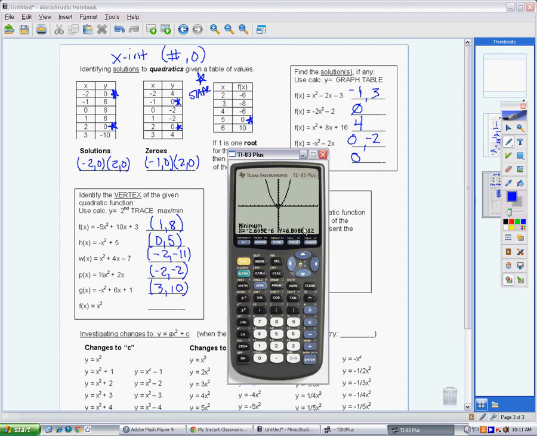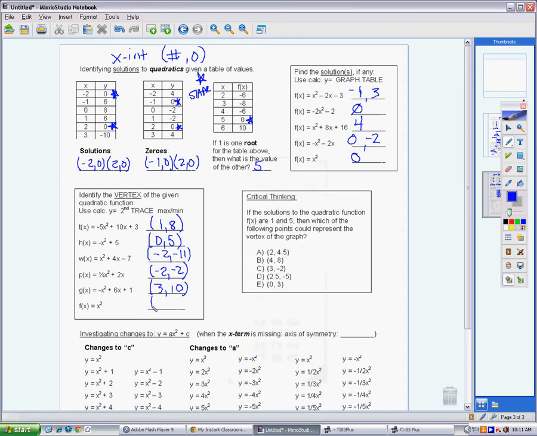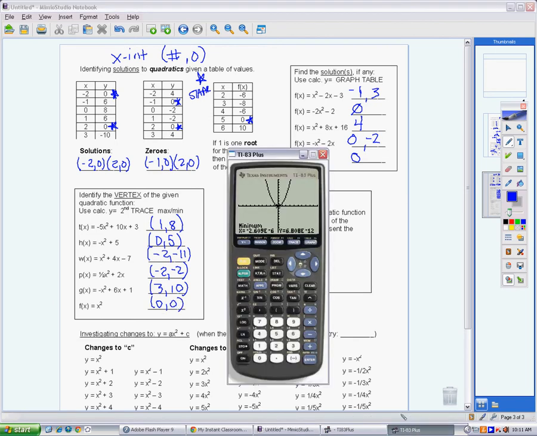And this one has 12 zeros ahead of it. So essentially, that's going to be 0, 0. The vertex is going to be at 0, 0. And if I look at my table and I find my symmetry, there I've got 9 at the top, 9 at the bottom, 4 in the middle, 1 in the middle, and then 0 is right smack dab in the middle. So 0, 0 is my vertex.